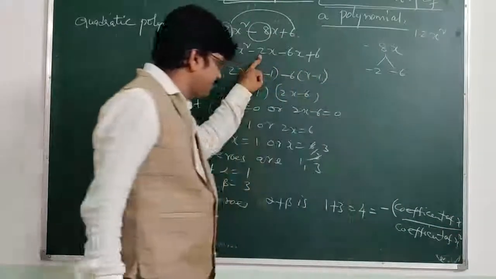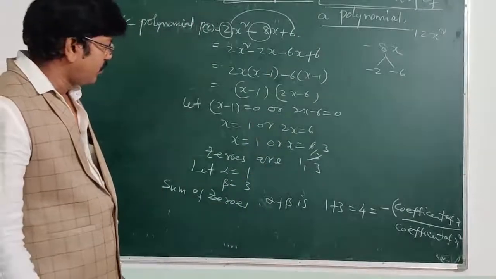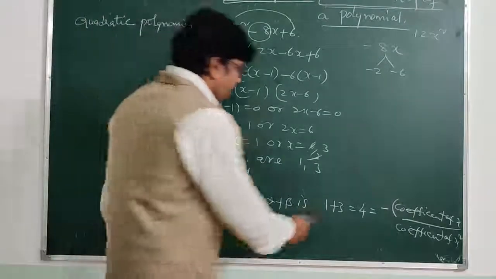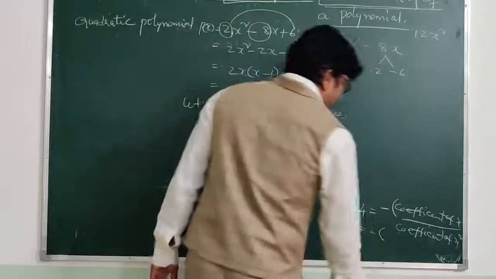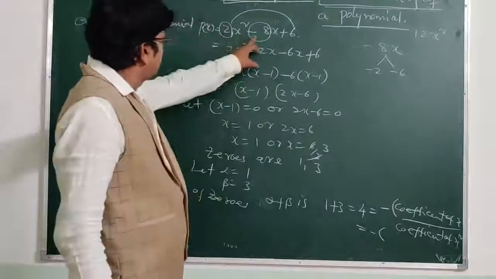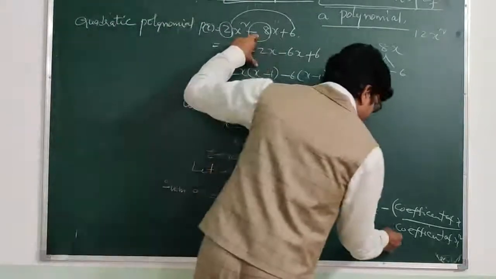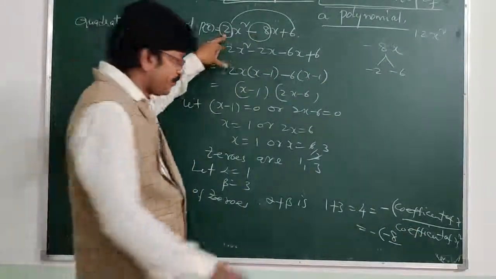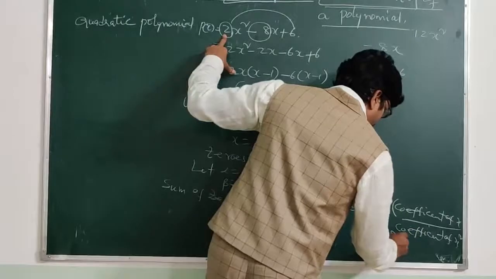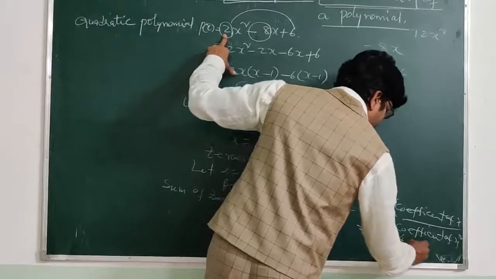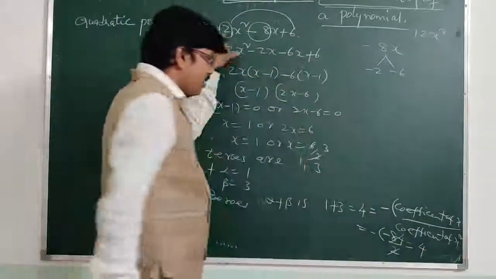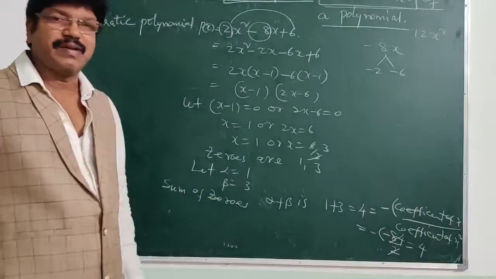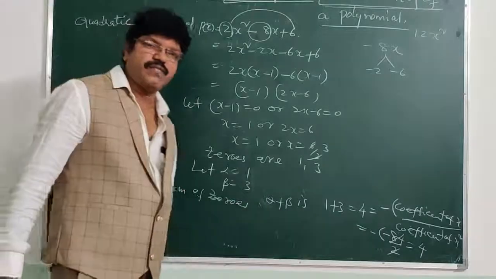The most important. This is equal to 4: minus coefficient of x by coefficient of x square. Coefficient of x is minus 8, divided by coefficient of x square, which is 2. Minus into minus is plus, so 4. Sum of zeros equals minus coefficient of x by coefficient of x square.